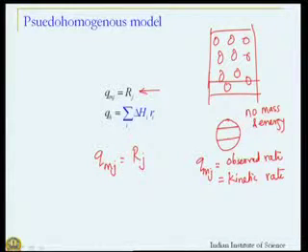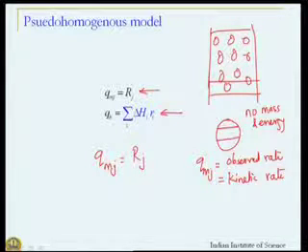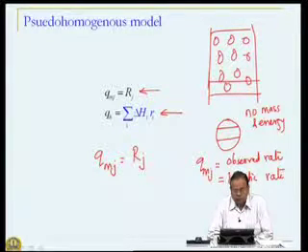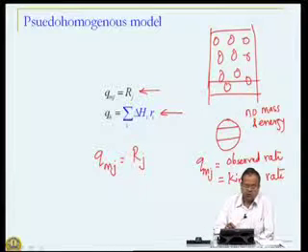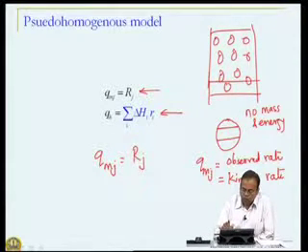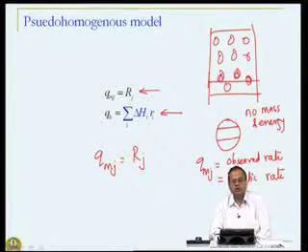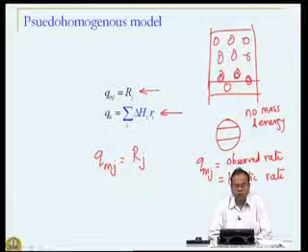Therefore, QMJ is my rate of reaction Rj, and QH, again taking the same analogy, is nothing but summation of delta Hi Ri. So, what have we assumed? We have assumed that even though we have catalyst particles, the diffusional mass and energy transport limitations are not there.